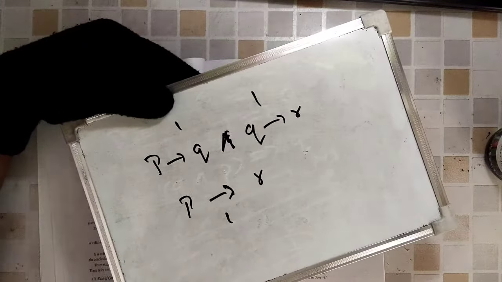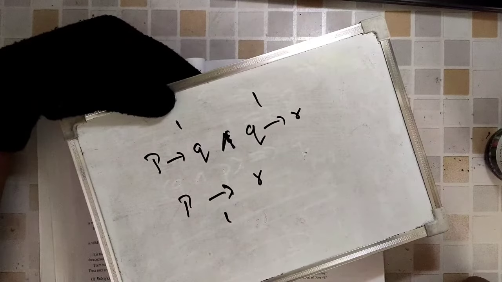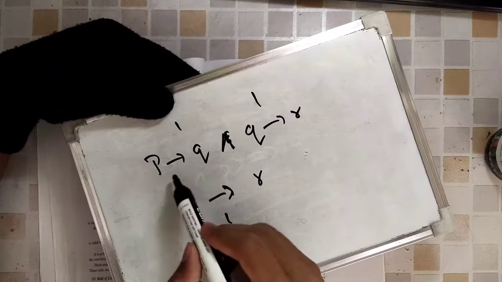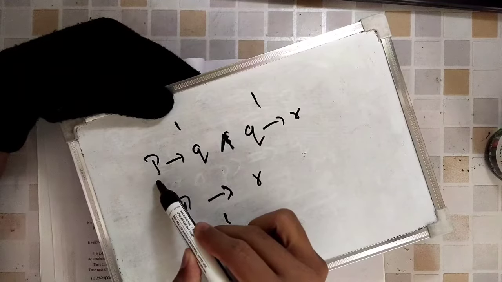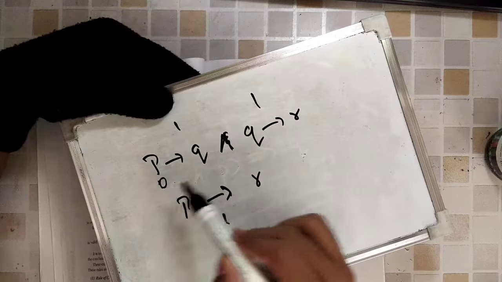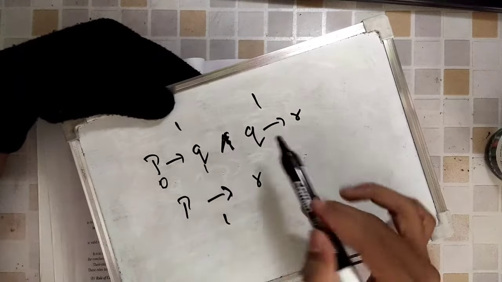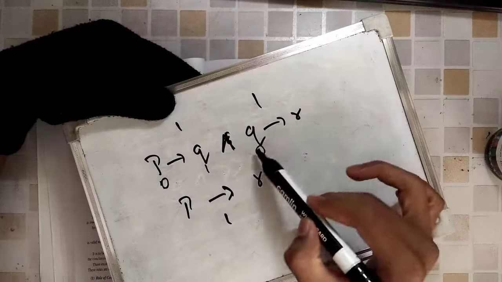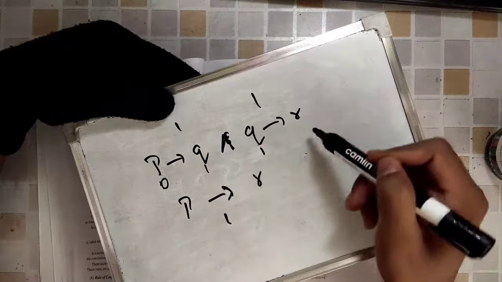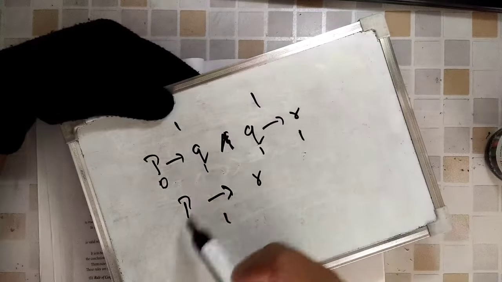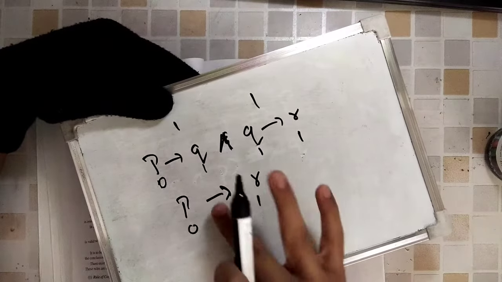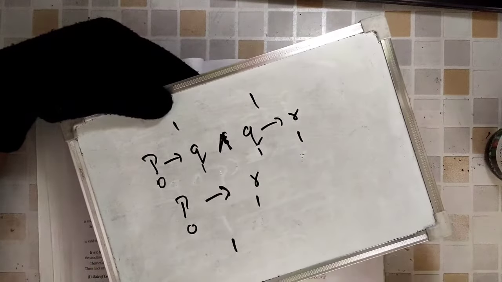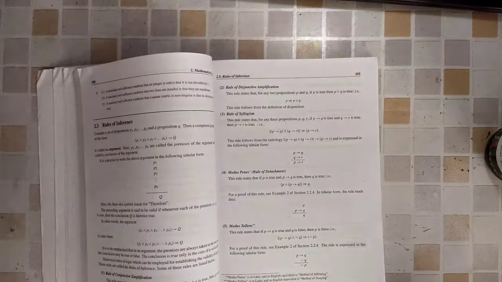If we take one example, 0 implies 1, this is true. Then again if I take this, since Q is 1, 1 implies 1 should also be true, right? So again 0 implies 1 will be true. Understood? That's what it says.